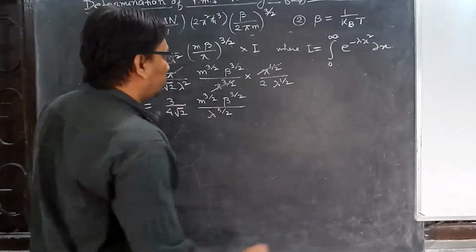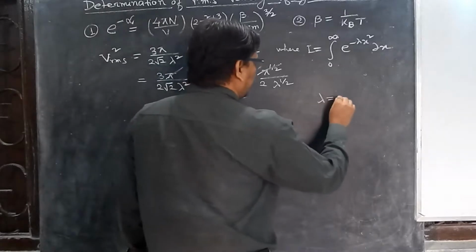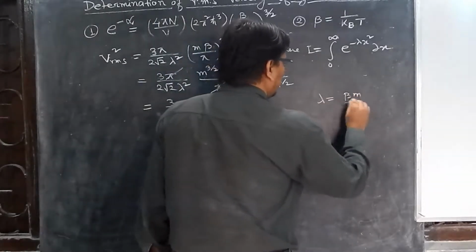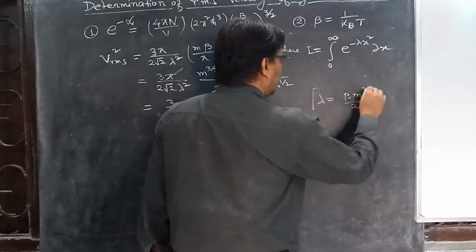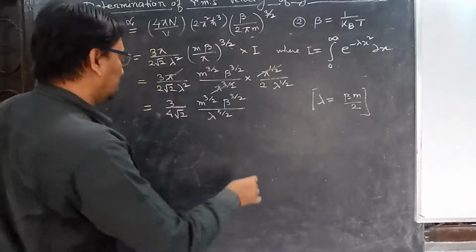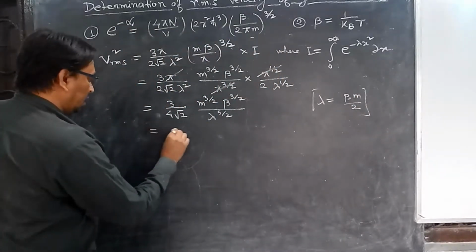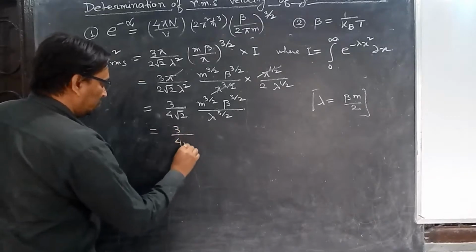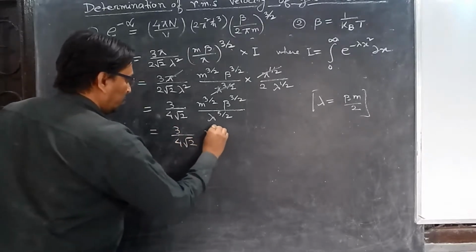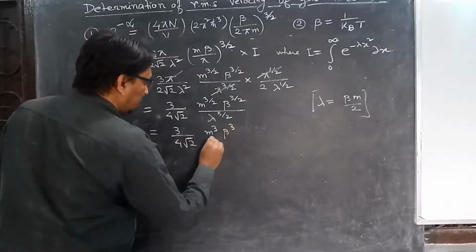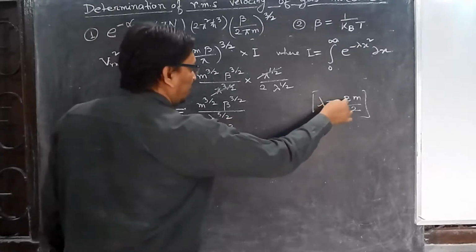Now recall, we had taken lambda is equal to beta m by 2. So that we have already considered during this. So if I put the value of lambda here, this will be 3 by 4 root 2 m cube beta cube and lambda to the power 5 by 2. So lambda is this thing.